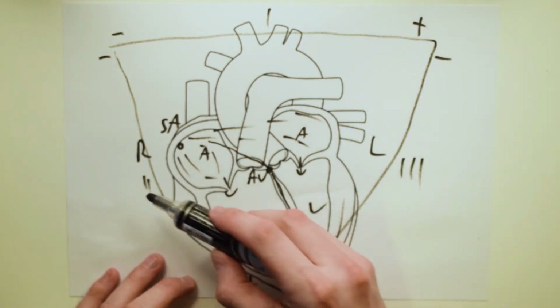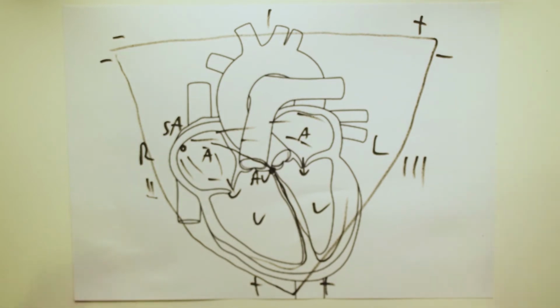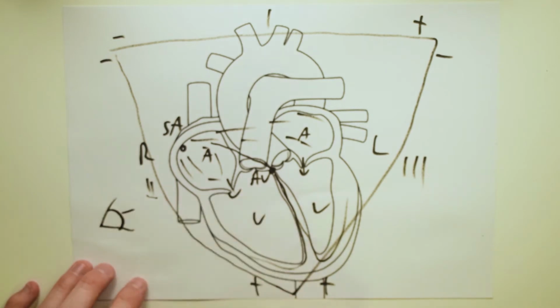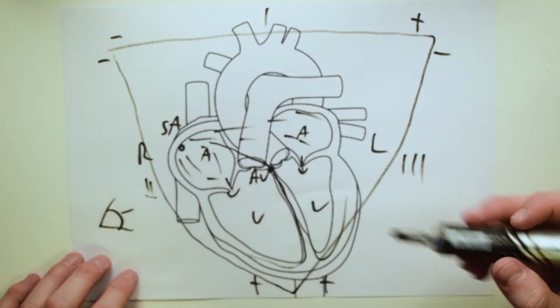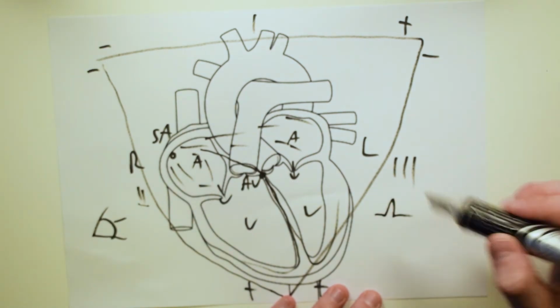So the most common view we have is lead 2. That's the lead that we monitor on because it's the lead that we're most familiar with. So you need to imagine that when you're looking at lead 2, you're looking at the heart from this angle, all right? When you're looking at the heart from this angle and you see current move from left to right, so from negative to positive, we see a positive deflection.